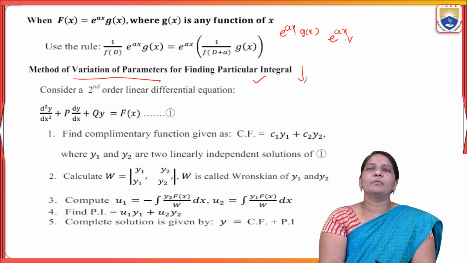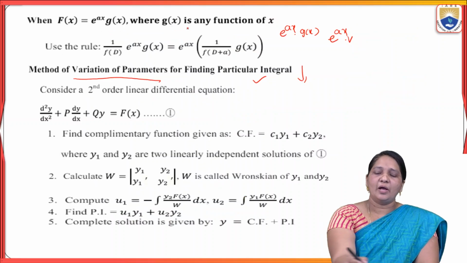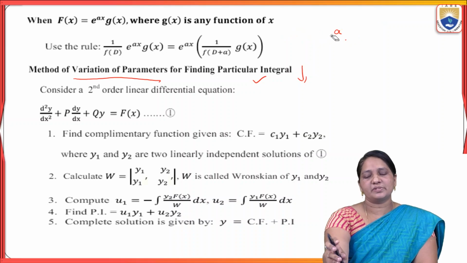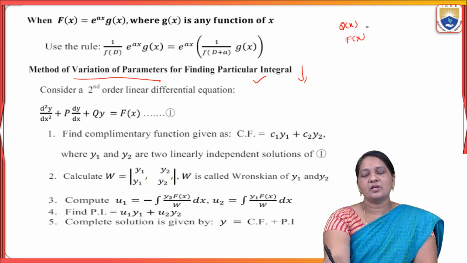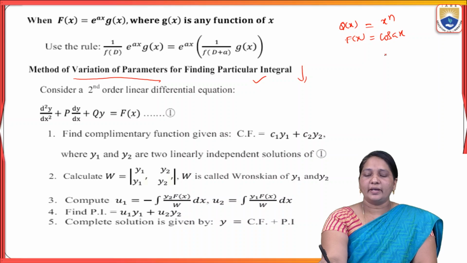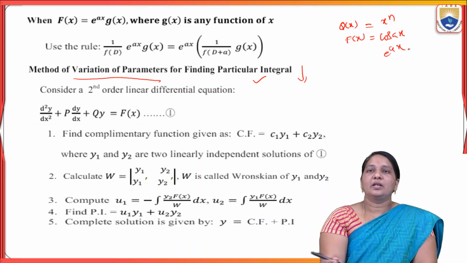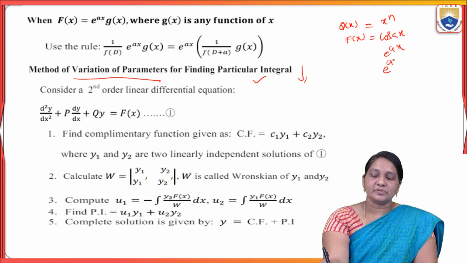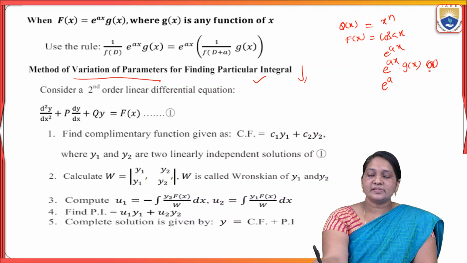And one more method is there. Up to now we were having single terms, right? In place of q of x or f of x, we had single terms, that is x power n, cos ax or sin ax, and e power ax. Now we are having multiple terms with e power ax: e power ax into g of x, or e power ax into v.